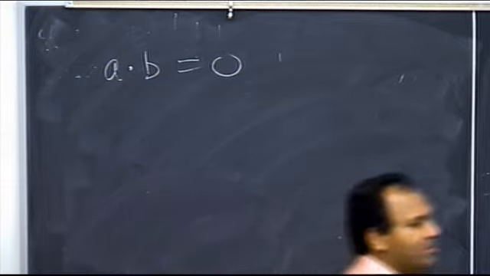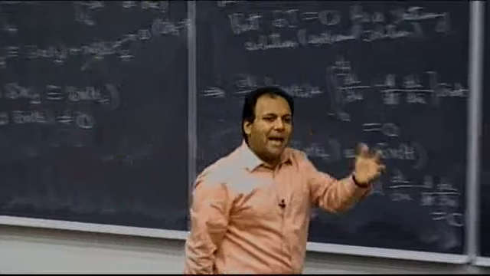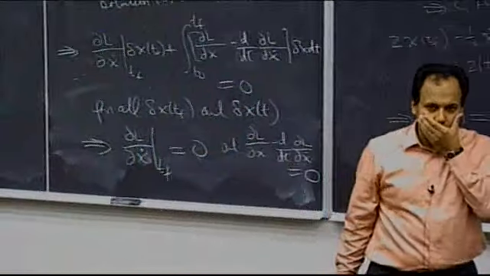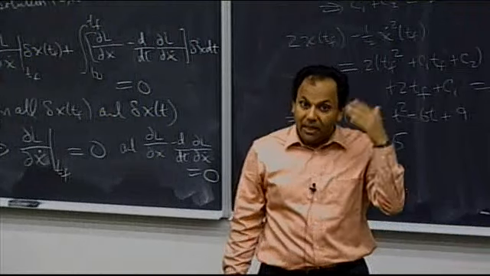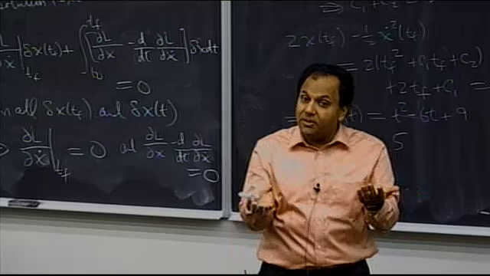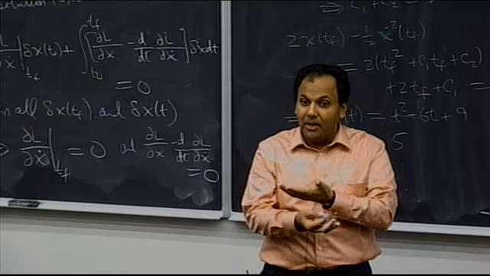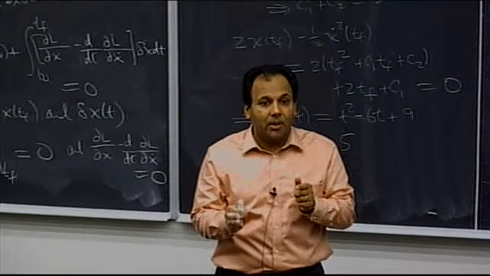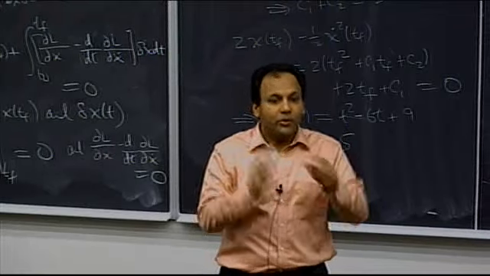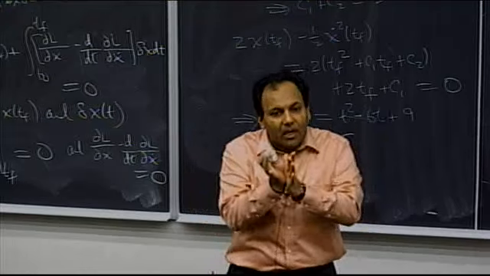What does that mean? It means either A is 0 or B is 0 or both of them are 0, right? It does not say that you can pick the one that you want to be 0. Well, I want A to be 0. No, you can't do that. It says the product is 0.